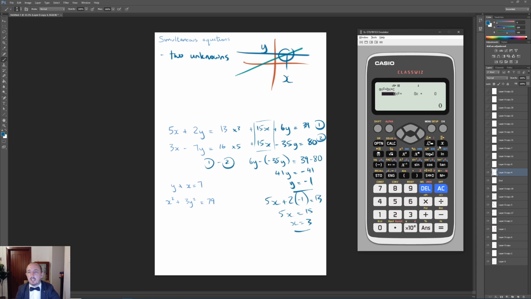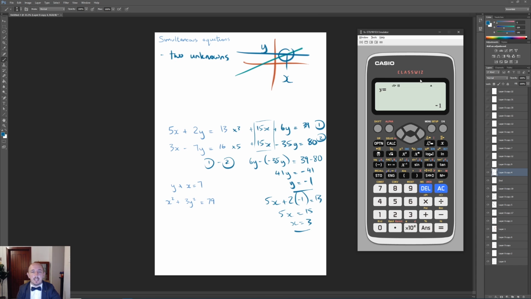I use my calculator to do simultaneous equation. If I go to the equation function, simultaneous equations, and for GCSE we've got two unknowns, x and y. So we've got the original was 5x, 2y, and 13, 3x, negative 7y, and 16. Press equals one more time, we get x equals 3, and y equals negative 1.